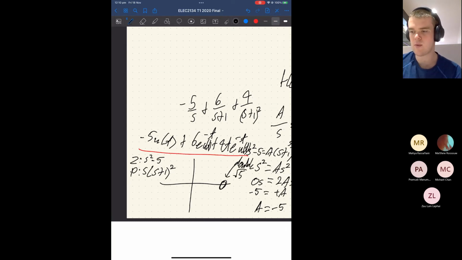And then for the poles, we have s for the 0, so we have 1 here, and we have it at minus 1 twice. So we have a double here as well, and then we have 1 here. Does that make sense?